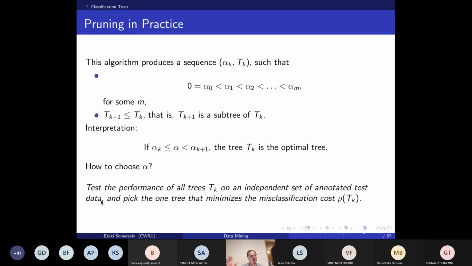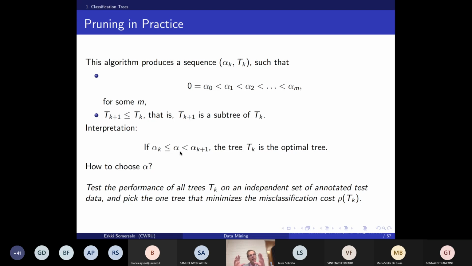So you take some test data which you did not use to construct your tree, and then you test which one of these trees in the sequence is doing the best possible work in classification. And then you choose the tree that is misclassifying least, and that's your optimal tree. So this is a little bit like we don't really know what alpha value we should use, and so we use an empirical criterion for choosing alpha.